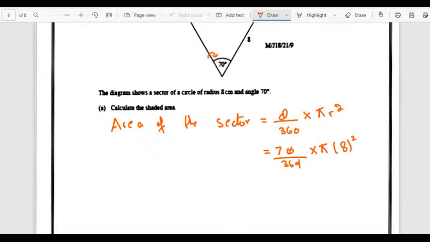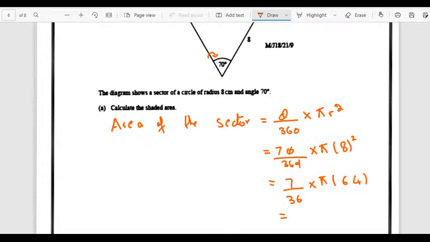So 0 and 0 would be cancelled, and this would become 7 divided by 36 multiplied by pi into 64. Okay, so what do you get after the simplification? 39.09. Okay, very good.